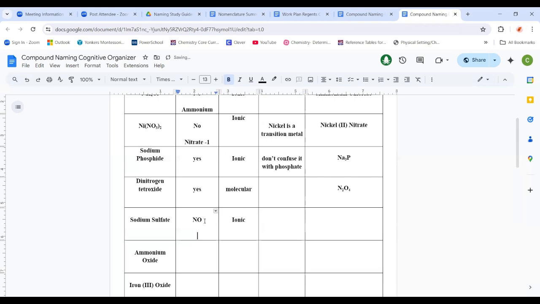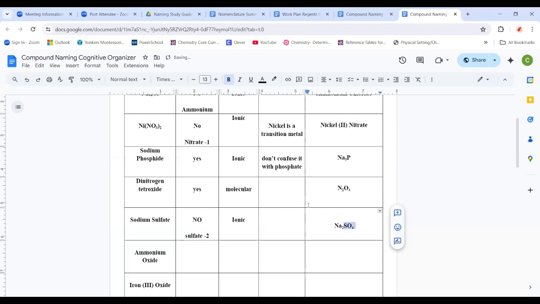Sulfate is the polyatomic of choice here, and sulfate has a -2 charge. So sodium is in group 1, it has a +1, sulfate has a -2 charge, and so that means it's going to be Na2SO4. Now again, there is no decision making on my part about the formula for the sulfate.